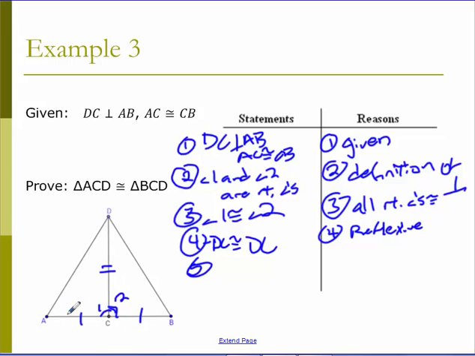And now that I have three things, side, angle, side. So triangle ACD is congruent to triangle BCD. And that's by side, angle, side.